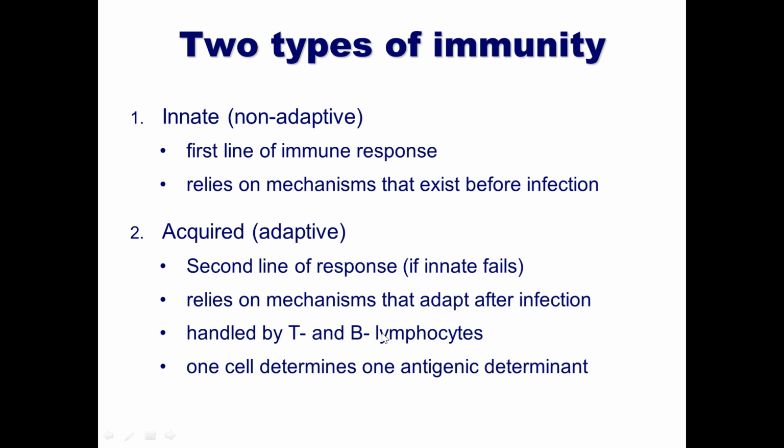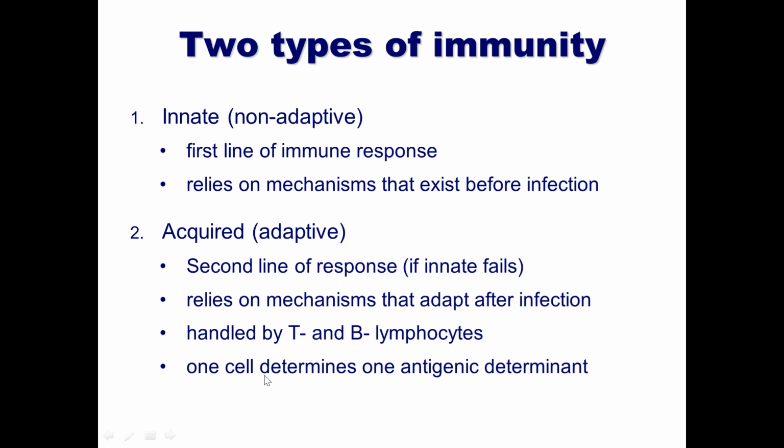And this acquired immunity is handled by T and B lymphocytes. B lymphocytes produce antibodies, so that they act against foreign particles, pathogens, to kill them or remove them from the body.